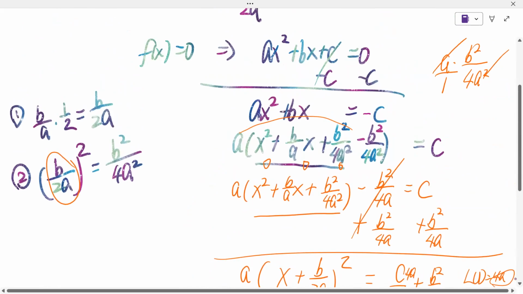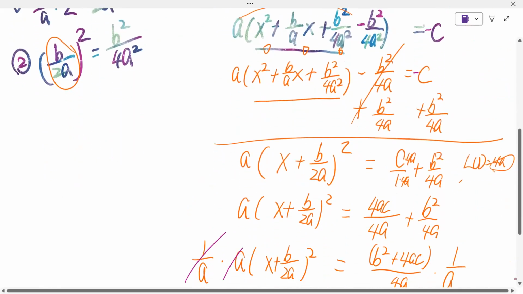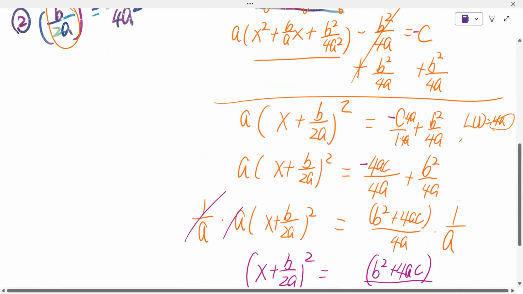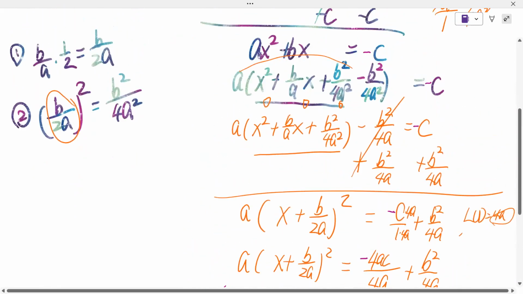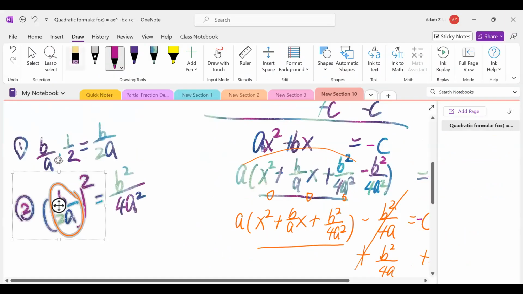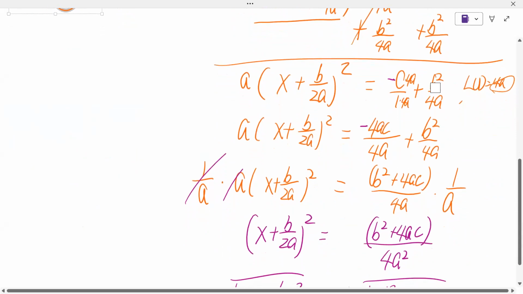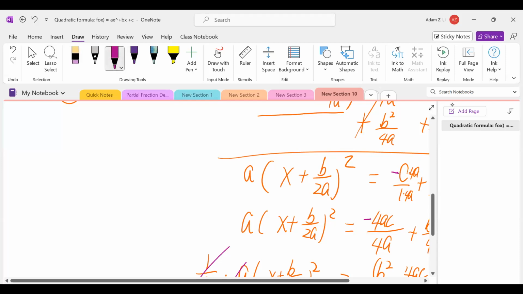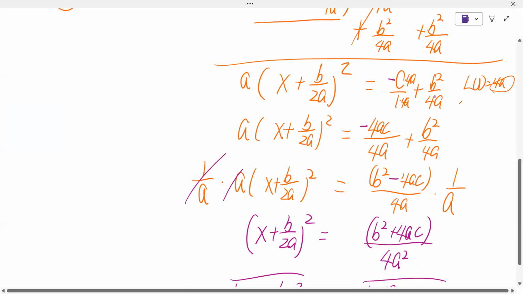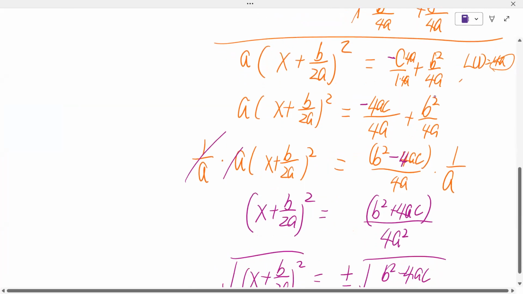You see, it's minus c here, so this should be minus. When I copied down the c, I overlooked it, but that's good practice. So it's minus 4ac, and that's why at the end it should be minus.